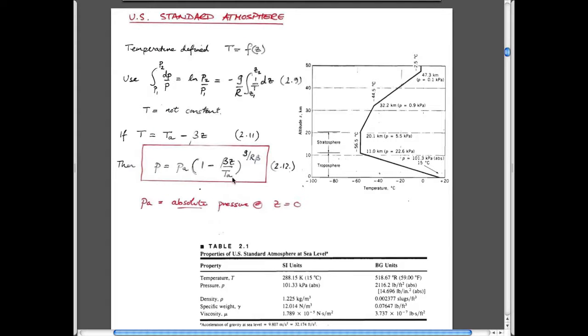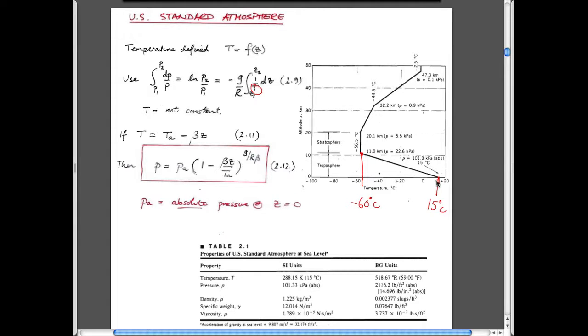But clearly, as you go to the top of Everest, you don't expect to be 15 degrees centigrade. So you can do the same integration that we've done before, but instead of keeping the temperature constant, you can put in the true change in temperature as you go up. This is a profile of temperature change, taken out of your textbook, as you go up from sea level, where it is 15 degrees centigrade, to 10,000 meters, where it's about minus 60 degrees centigrade.